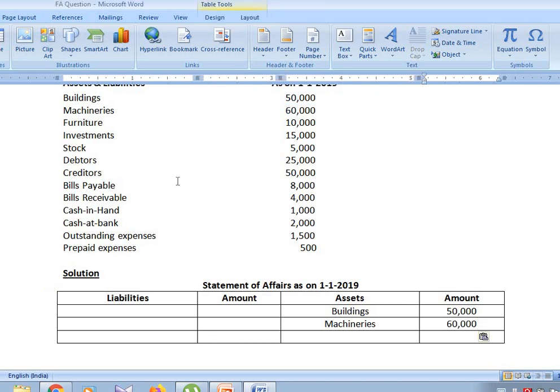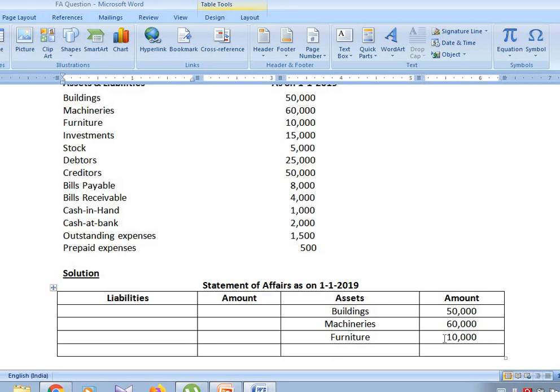Next, what is the next thing? Furniture. All of you solve the problem with me. Take furniture to the asset side. What is the amount of furniture? 10,000. All right. Next, investment.